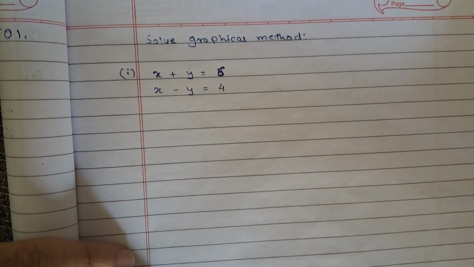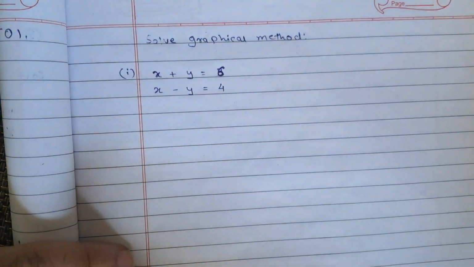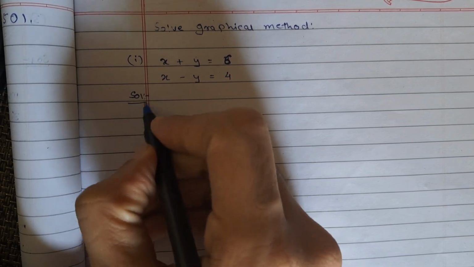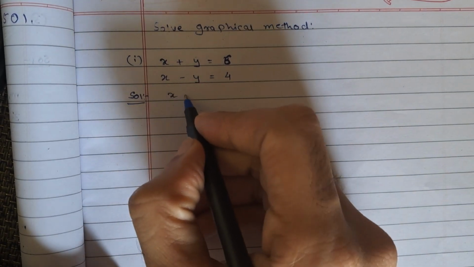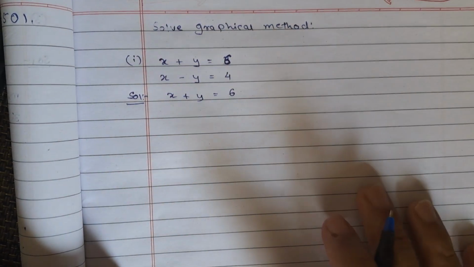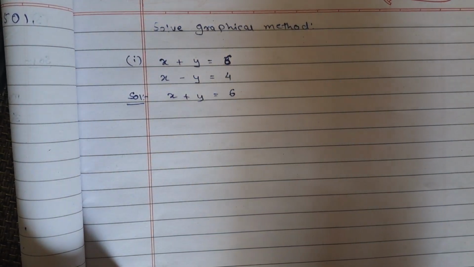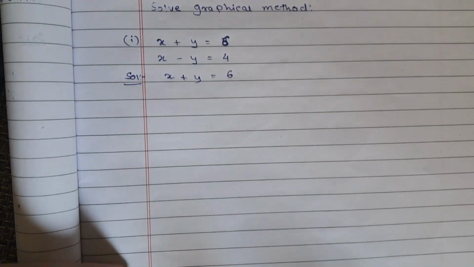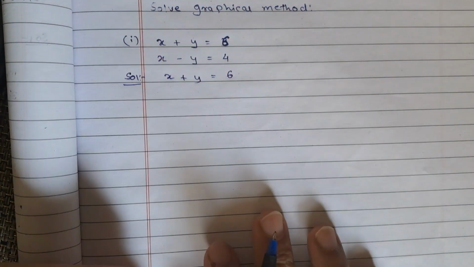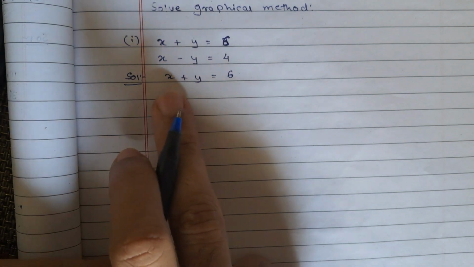For that, at the very first place, we have to consider one of these equations. I will write a solution and consider, let's say, the very first equation, x plus y equal to 6. In this case you don't have to number the equations, as we used to do when solving two simultaneous equations. For the graphical method there is no need of numbering.